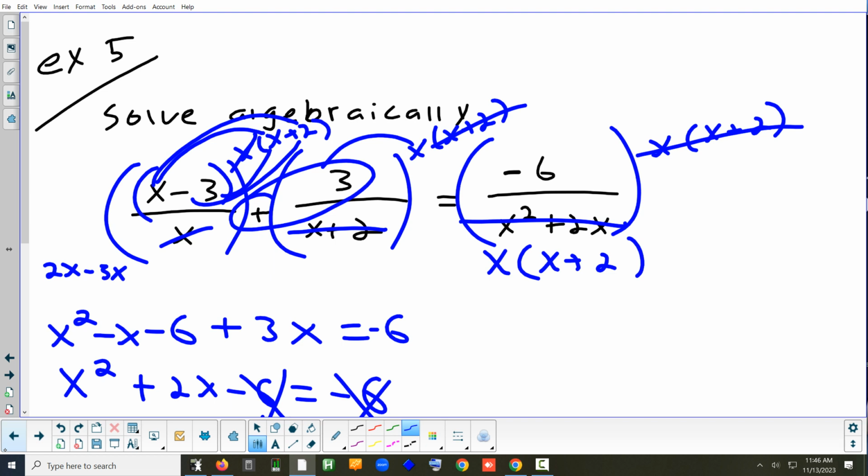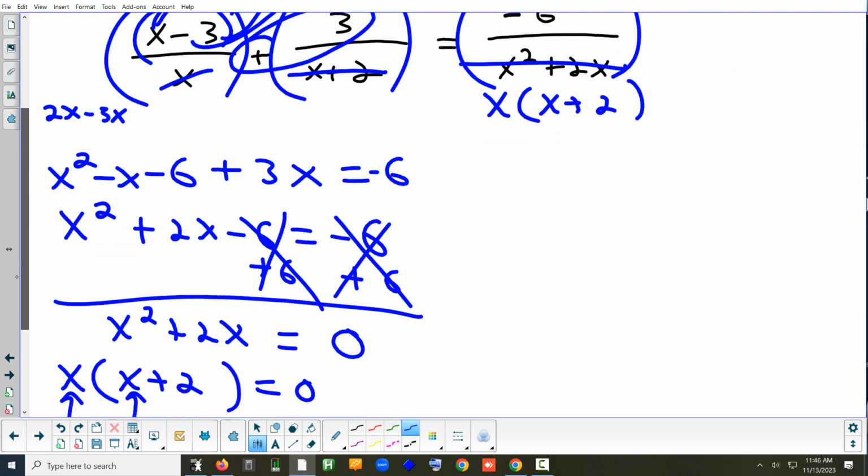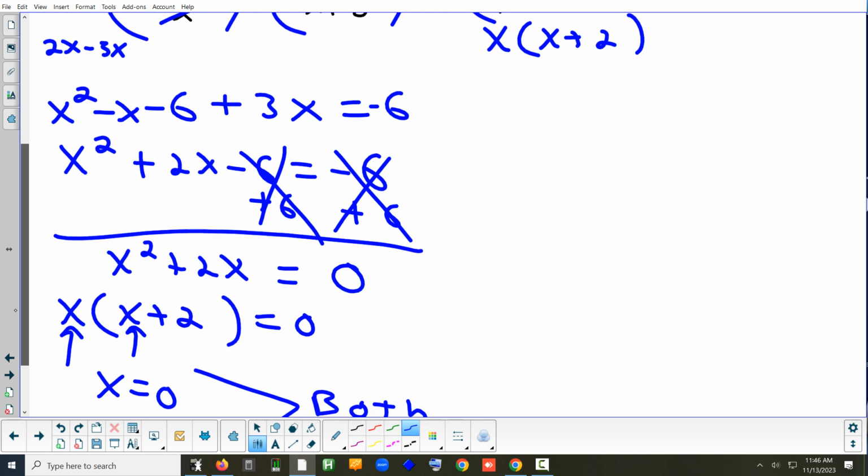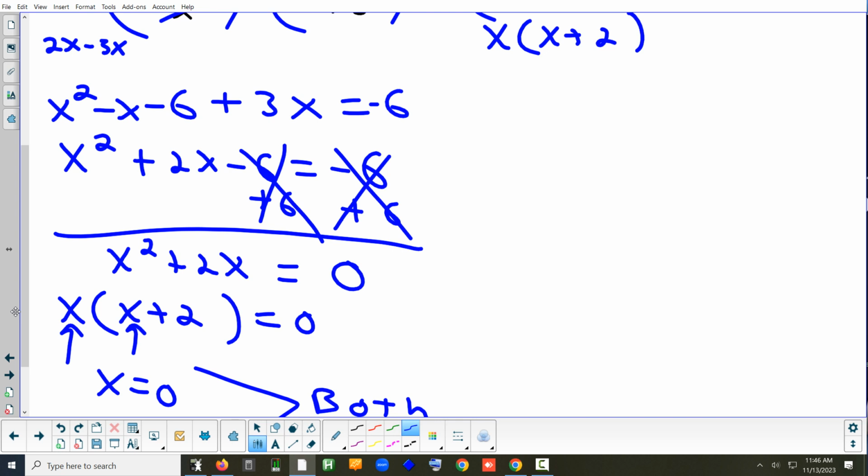Well, what if x was negative 10? Then it would be negative. If x was negative 10, it would be like I multiplied each side by a negative. So the problem with using this approach is when you multiply both sides by a variable, you don't know whether the variable is a negative or a positive.